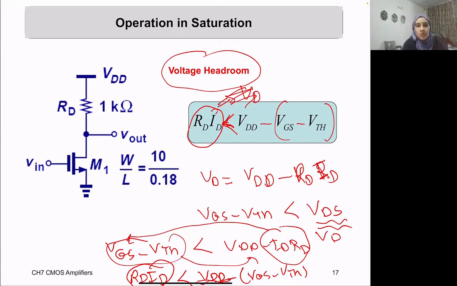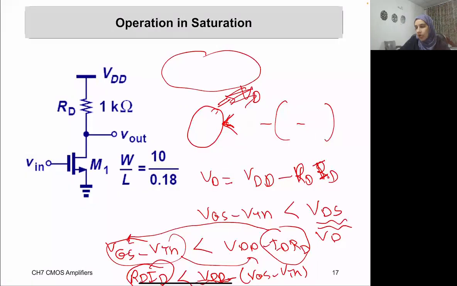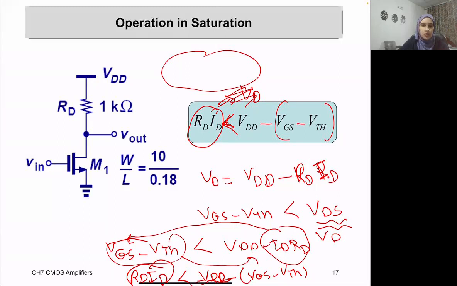So in order to have a larger gain, again, we said from the previous relation that we need a larger RD value. But we cannot make RD very large because we are limited by the supply voltage that we have. Otherwise, we may leave the saturation region. So you can see here that we have a trade-off.